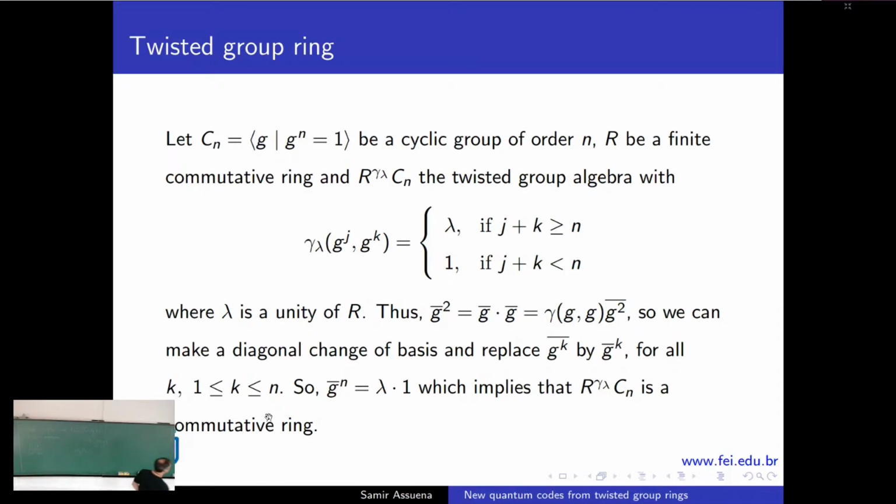And the only difference is here, when we take G bar to the n. Here we have lambda, the unit element in the ring R, times 1. Okay? So it's almost just like the case of group rings. The only difference is the n-th power of G bar. Okay?